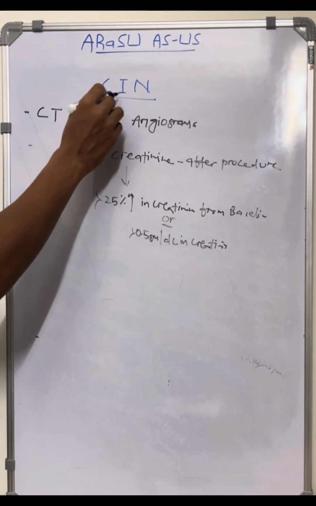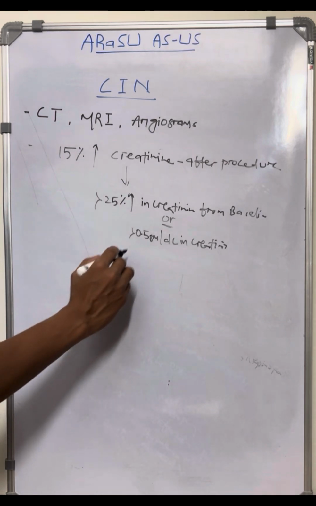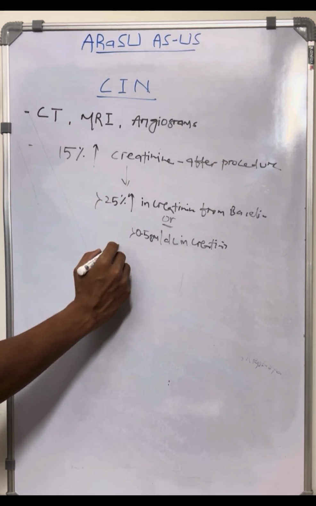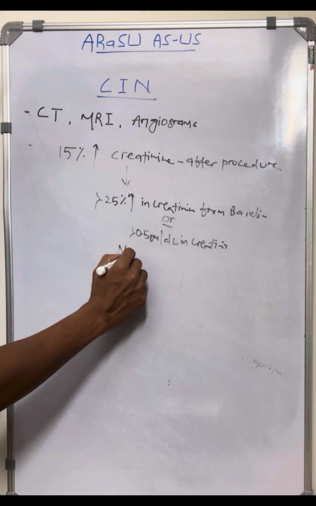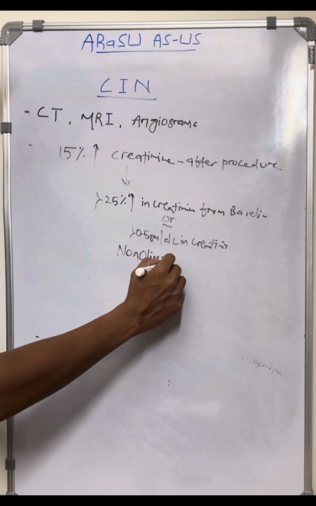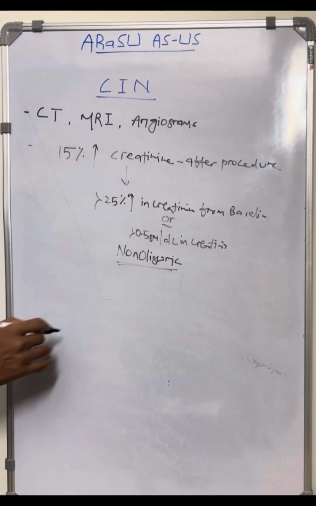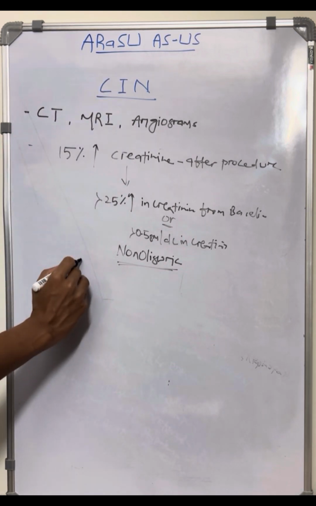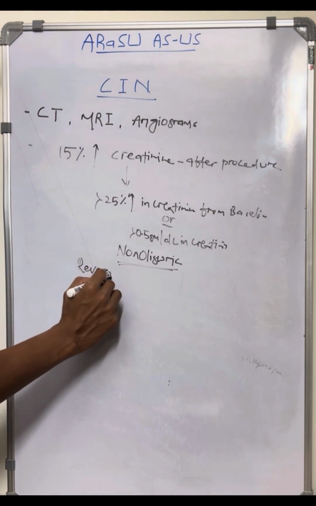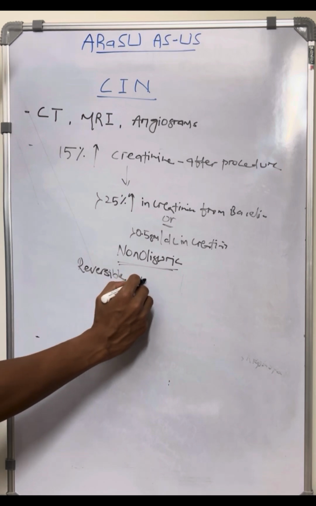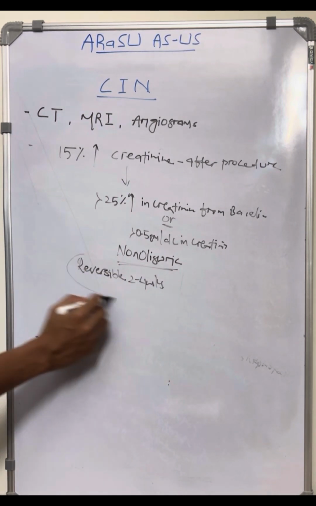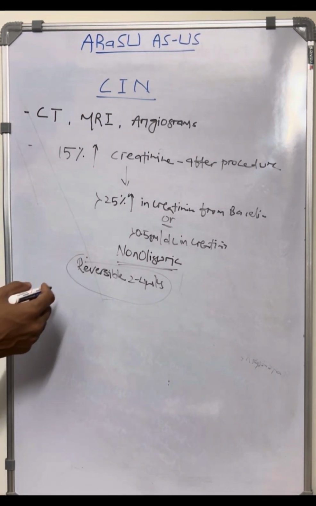At this point, we can consider it as contrast-induced nephropathy, and here often this entity will be non-oliguric. That is, the individual will not have any oliguria in this case, and majority of the times it is a reversible condition within 2 to 4 weeks. So no need to worry in majority of the cases.